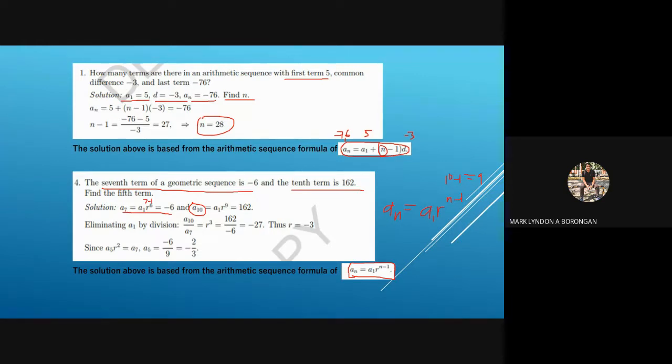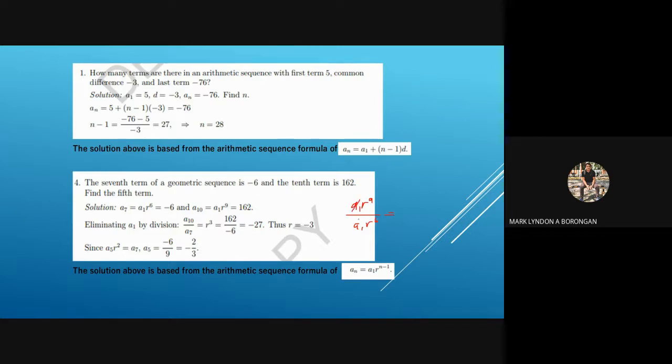Now, since a sub 1 is common to both, what we are going to do is eliminate a sub 1 by dividing. So we divide a sub 1 times r to the power of 9 by a sub 1 times r to the power of 6.